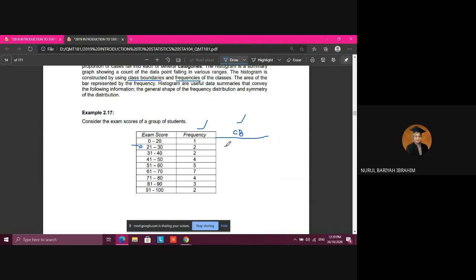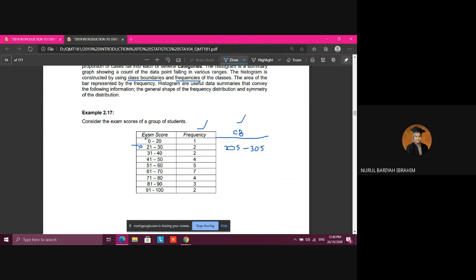So, tolak 0.5 dari 21 sebab kita kira tadi dapat 0.5, so kat sini will be 20.5. Sehingga upper limit, we need to add 0.5, so it will be 30.5 untuk second class. For the first class pun sama juga.